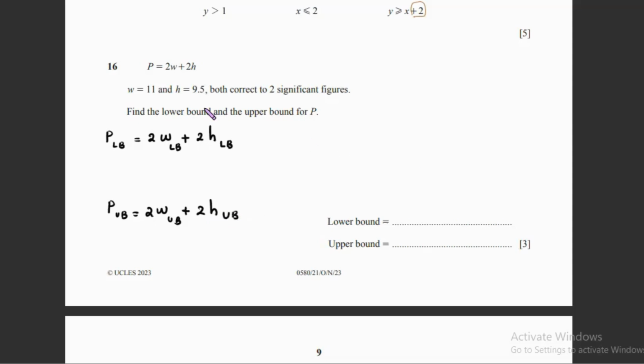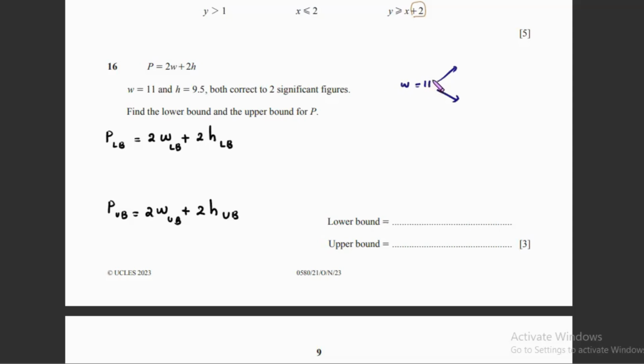Now, in this case, the values of both w and h are given to us. So w is given to us as 11. If we are to calculate the upper bound and the lower bound for w, the number is rounded to 2 significant figures.